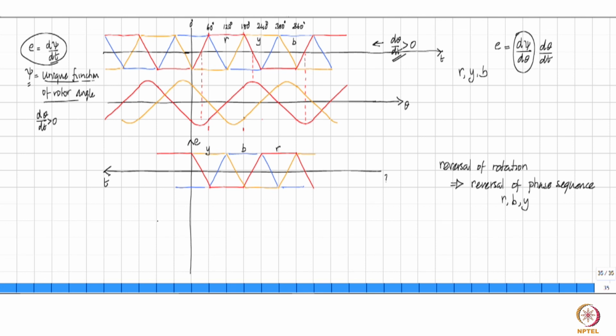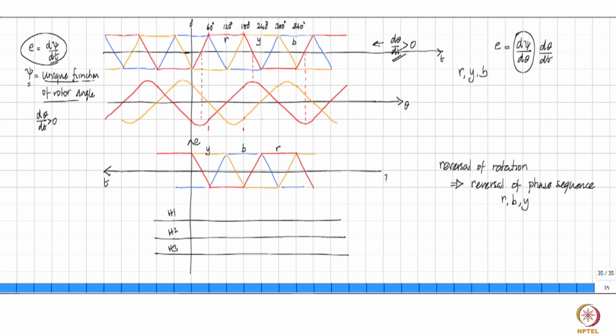Now we had Hall sensors, Hall switches that were put in order to detect the magnetic field and thereby give an indication to the circuit as to where the rotor is. And we had put Hall switches such that we had H1, H2 and H3, and we had put the position of H1 in the stator.